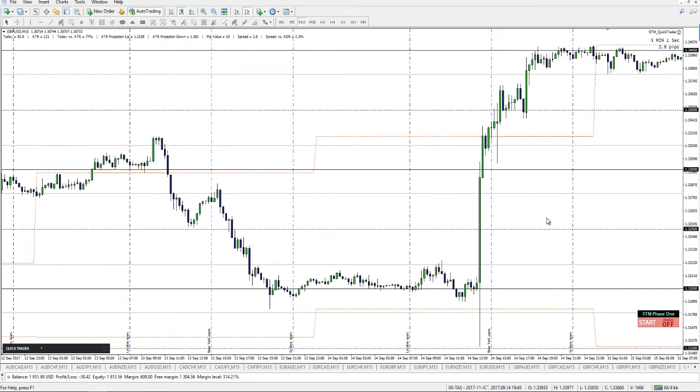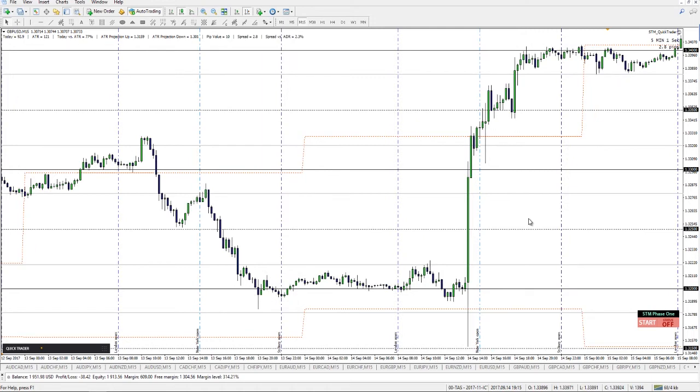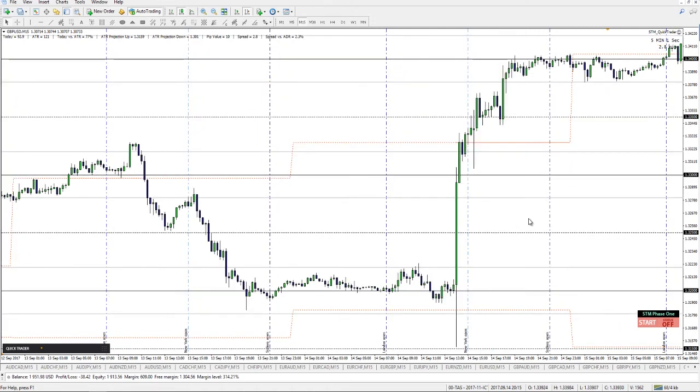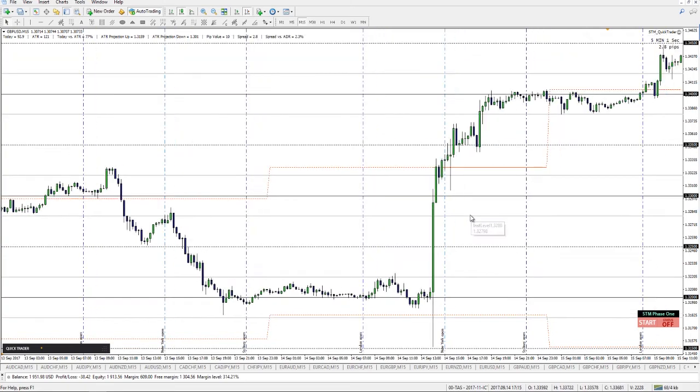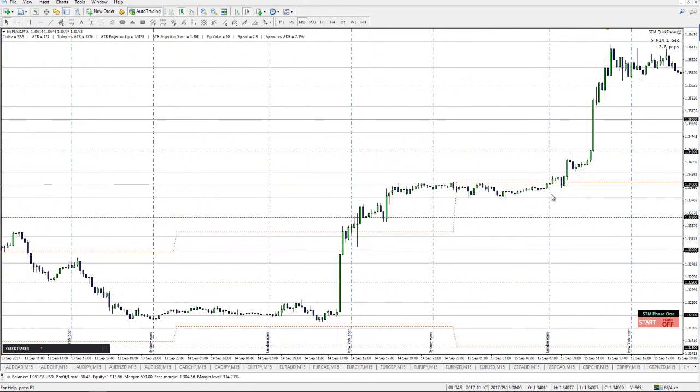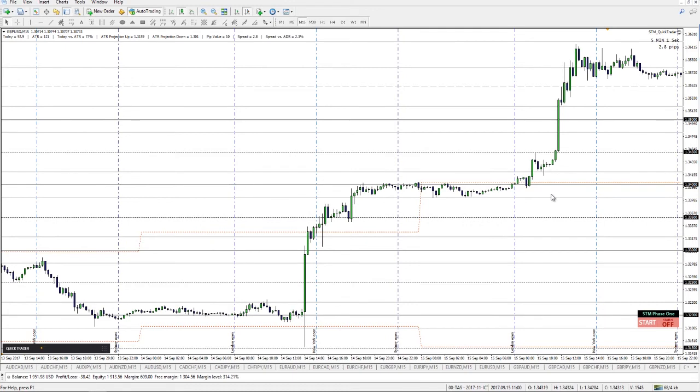And last week on demo, when I started using this one, I did, I don't know, 10% in 1 week. That's good. Yeah, using 1% risk and 30 pips stop. So you caught some really good pips then? Yeah.